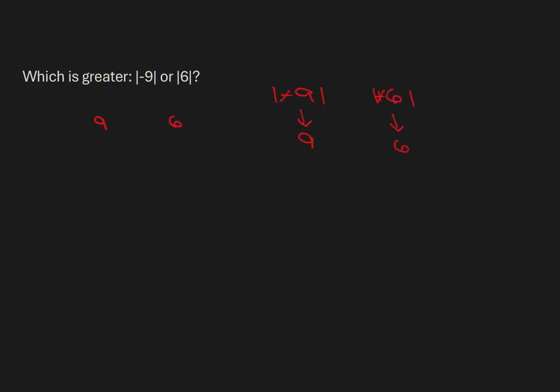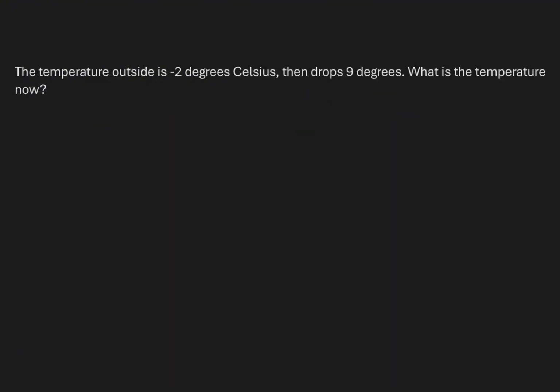So now we need to ask ourselves, which is greater, 9 or 6? Well, obviously, it's 9. So the absolute value of negative 9 is greater than the absolute value of positive 6.